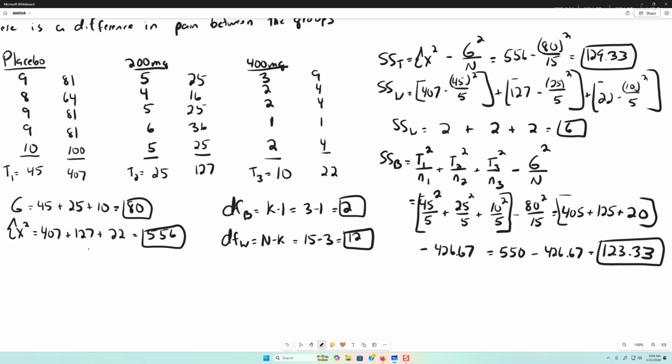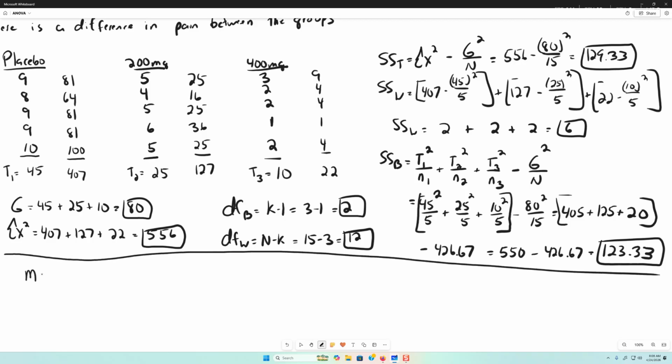So now we have those. Let's do our mean squares. Our mean squares between is sum of squares between over degrees of freedom between. So that gives me 123.33 over 2, since degrees of freedom between is 2.